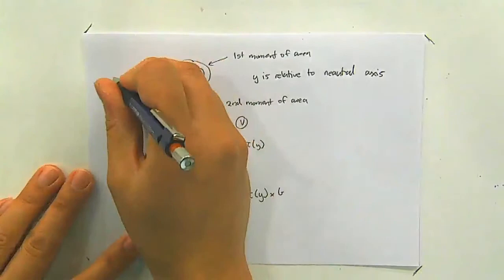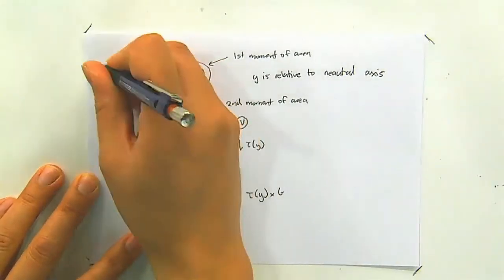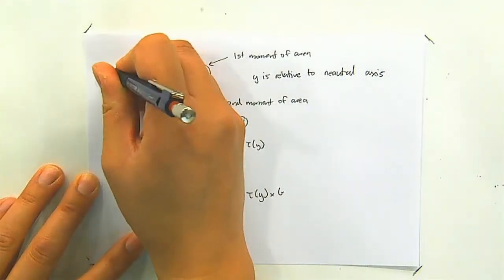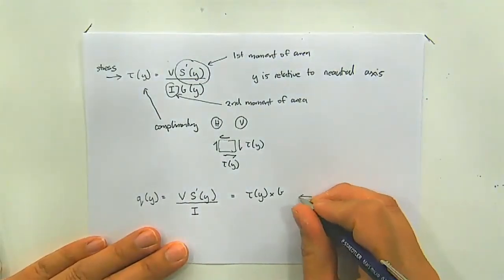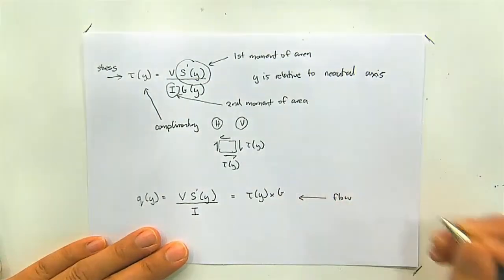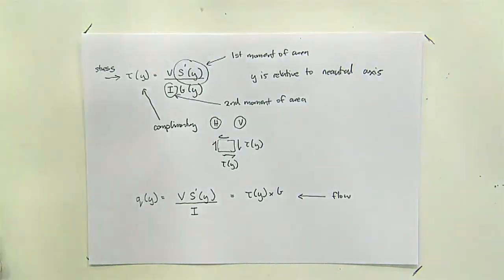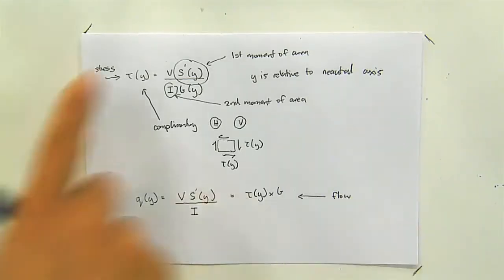This one here is a stress, and this one here is a flow. If you can get one, you can get the other, so you can move between flows and stresses.